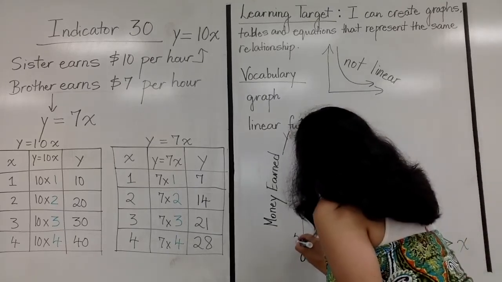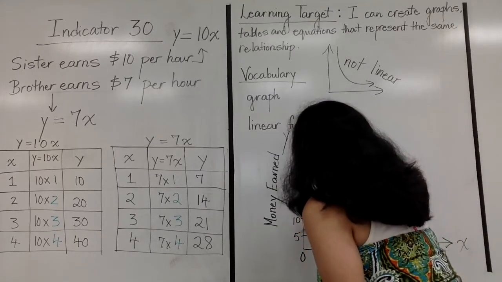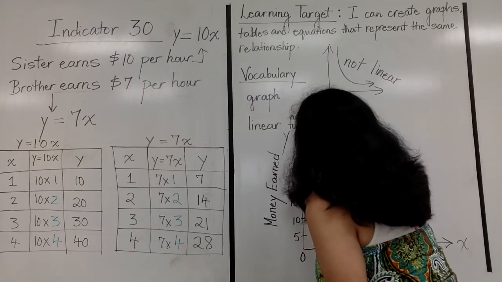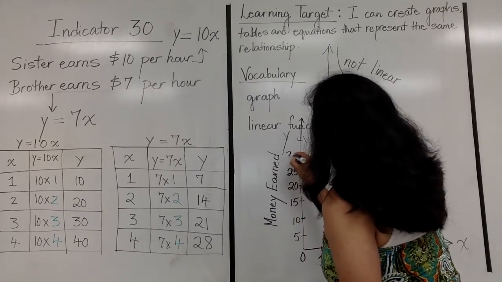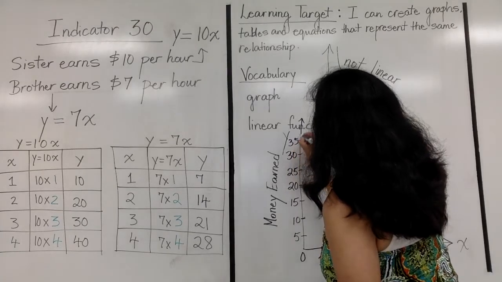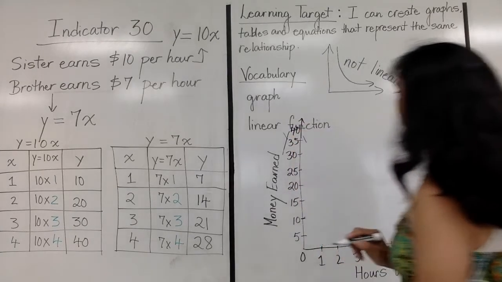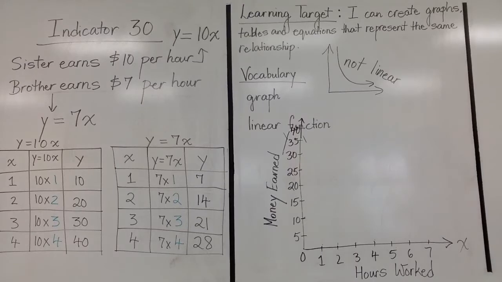Okay, so I'm just going to make this 5, 10, 15. I'm making my intervals. Remember, the intervals have to be the same. 30, 35, and this is 40. Okay, remember, these intervals are the same, these intervals are the same.